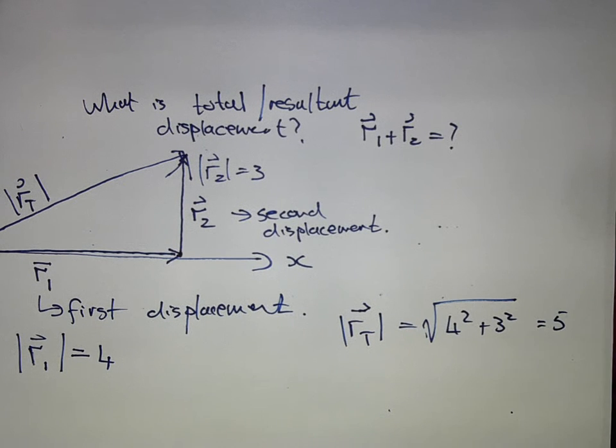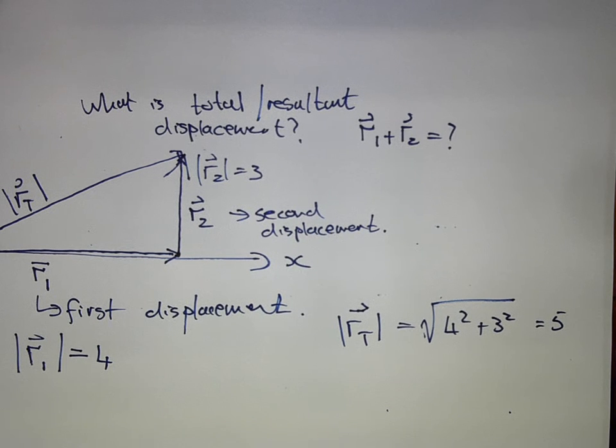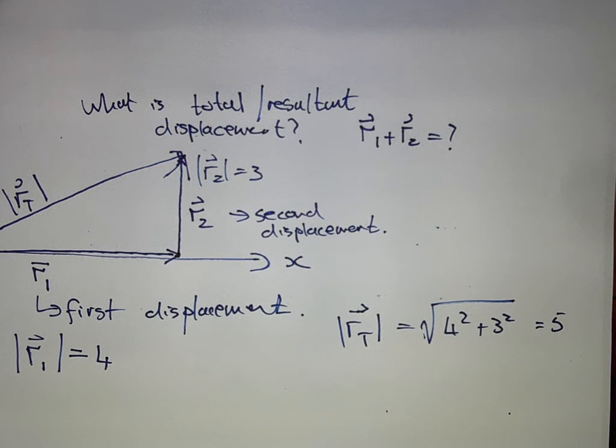This is just equal to 5 meters or centimeters or whatever. Now you can see clearly, if we added vectors like they were regular numbers, 3 plus 4 is equal to 7. Right? And Ilias didn't end up 7 meters away from where he started. He ended up 5 meters away from where he started.